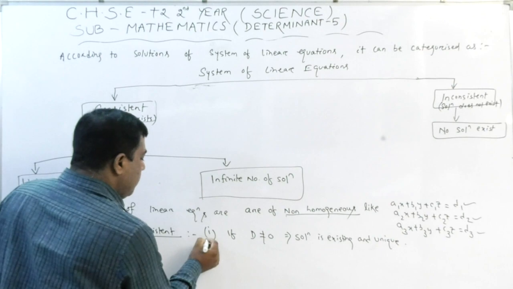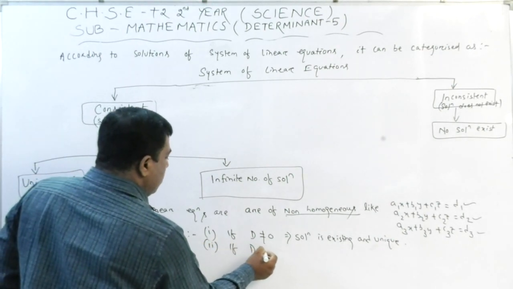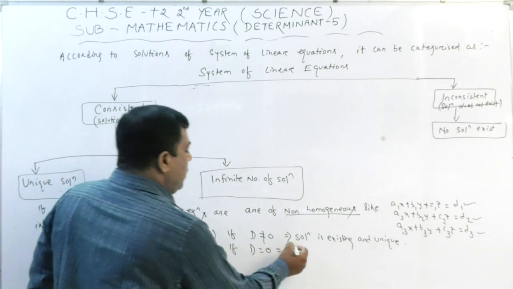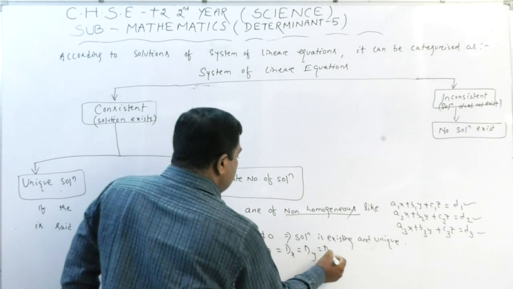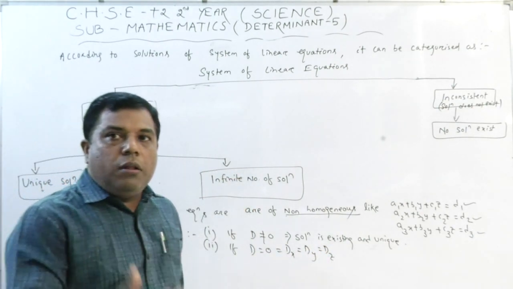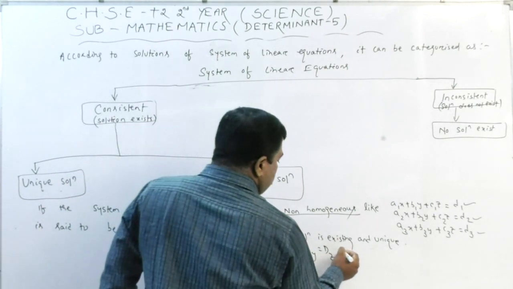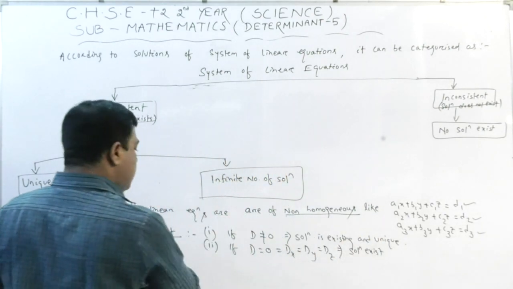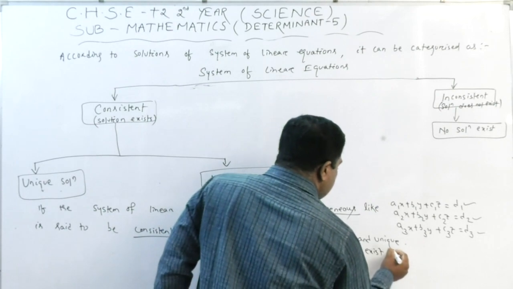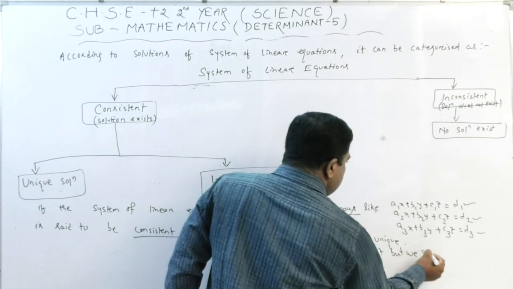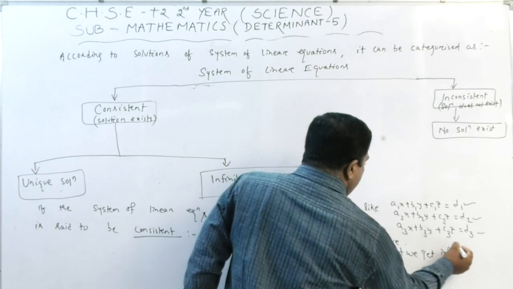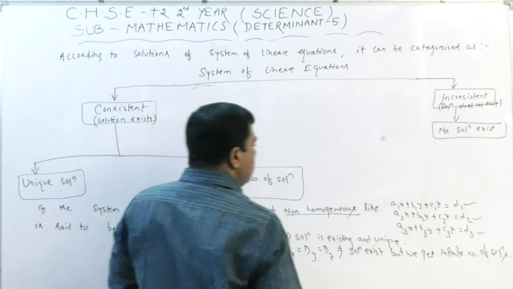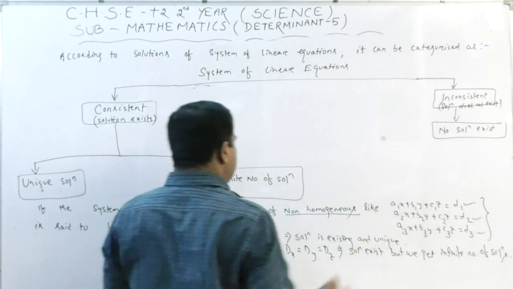And if d equals 0, and dx is also equal to 0, dy is also 0, dz is also 0, if all the determinants are 0, then a solution also exists, meaning consistent, but we get an infinite number of solutions for this type of system of equations.